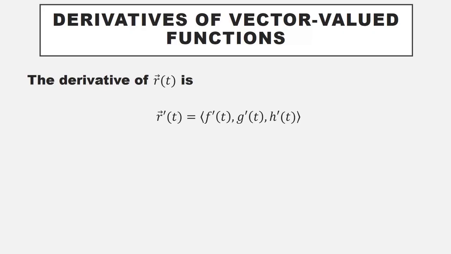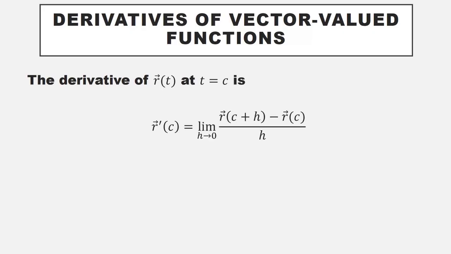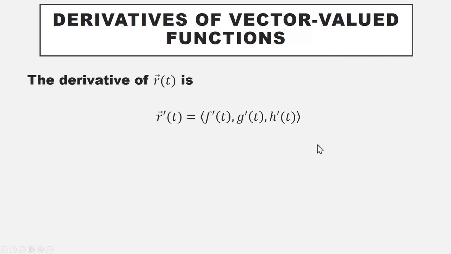And that gives us the derivative. That all comes out of the algebra of how vectors work in this definition. You subtract vectors, you subtract them component-wise. You can divide by the scalar h, so you divide each component by h. And then you apply the limit. Well, you apply the limit to each of the components. And we get this. And so this is really the thing to know.